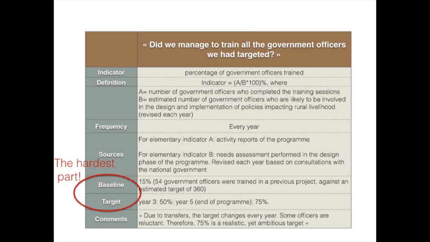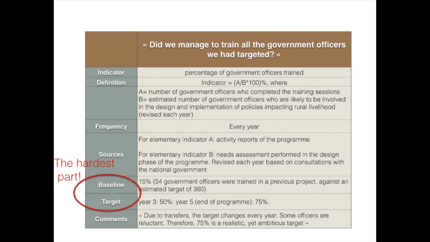So here, let's say that we have a baseline which is 15% of government officers trained. We are explaining why we have a baseline of 15%. And we have a target, which would be that at year 3 we have 50% of the target trained, and 75% at the end of the program in year 5.